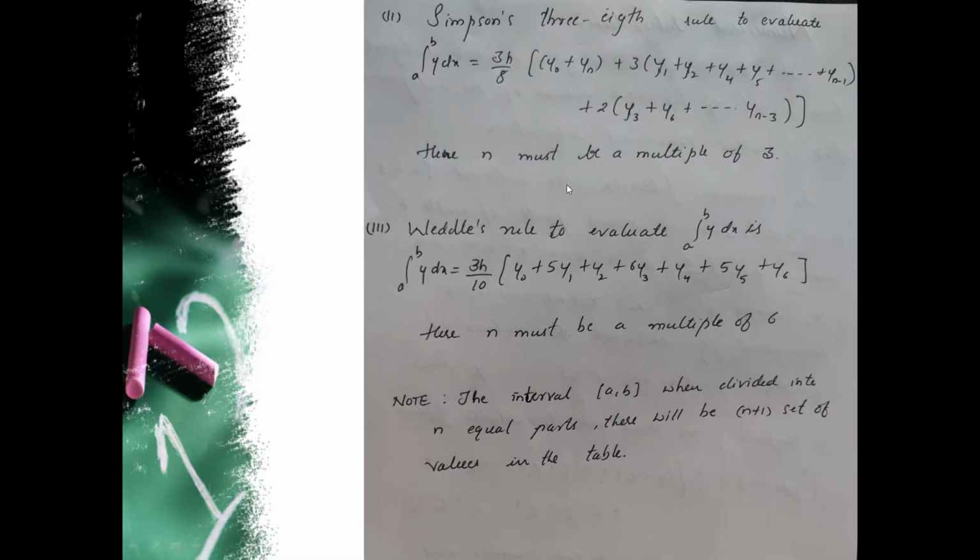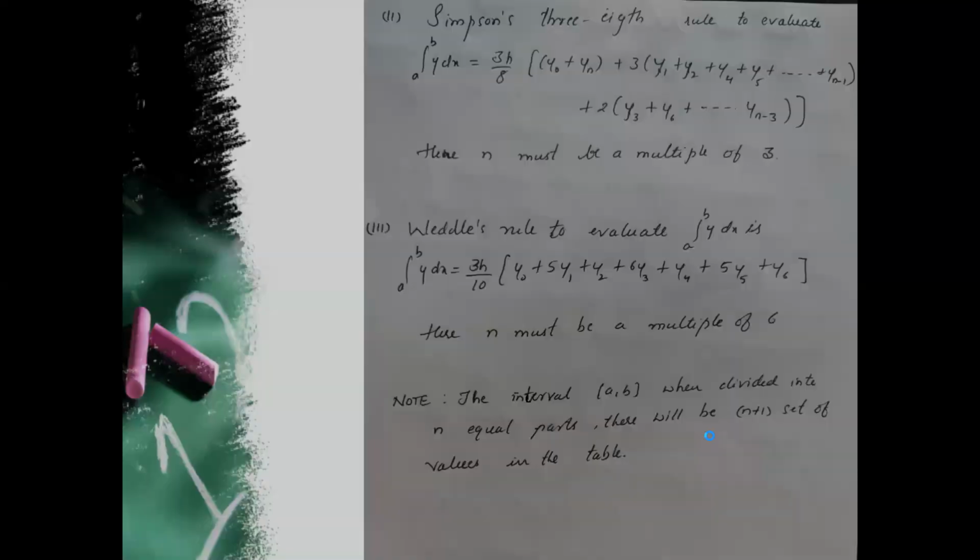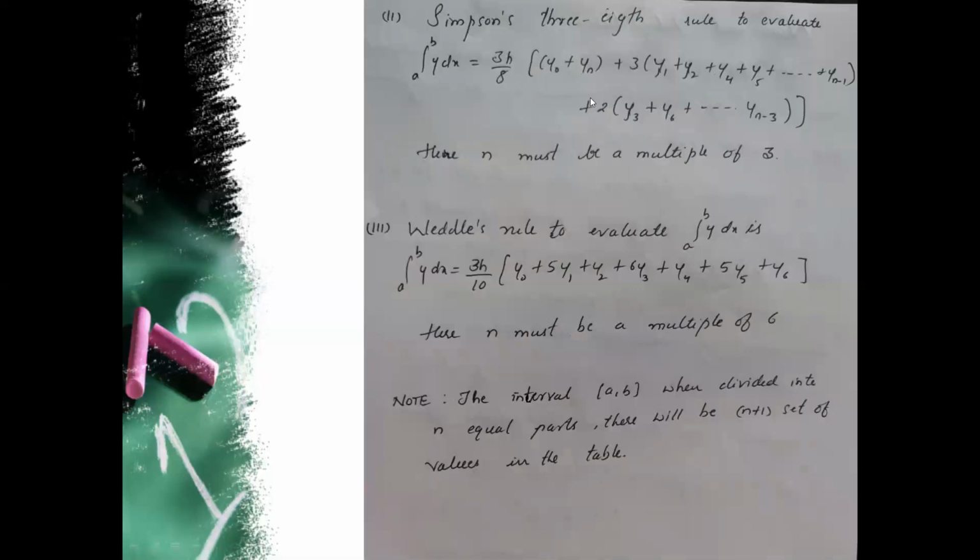Now here you can see that for Simpson's 1/3 rule, it is 4 times the odd suffixes, 2 times the even suffixes. Whereas for Simpson's 3/8 rule, it is 3 times the values of y skipping the multiples of 3. That is, y3, y6 are to be skipped here.